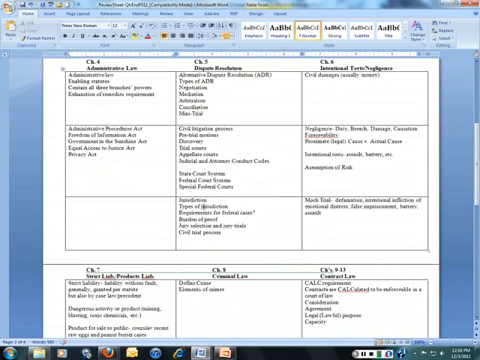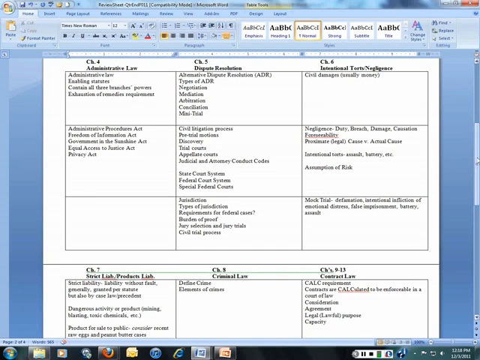Administrative law is probably less of an issue. Dispute resolution: you should definitely have an idea of whether a case should go to court or not, and if there are alternatives, why you would justify whether it should go to court, or whether there's an alternative that would be more realistic.